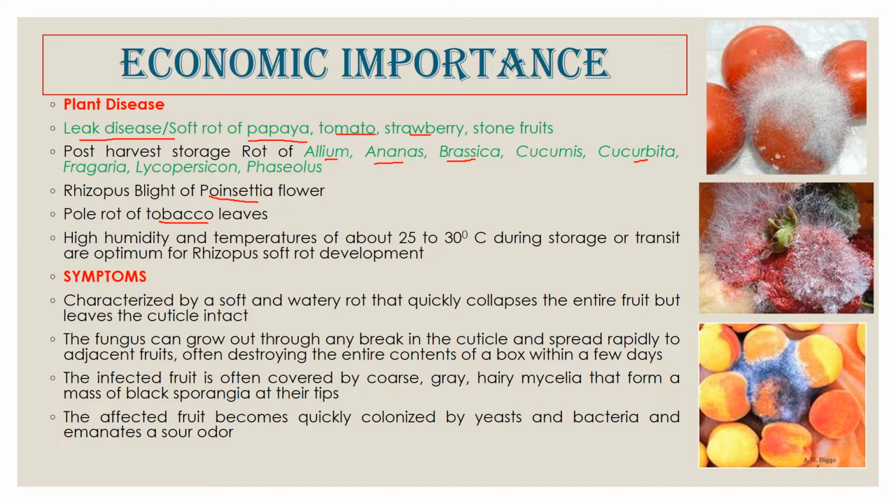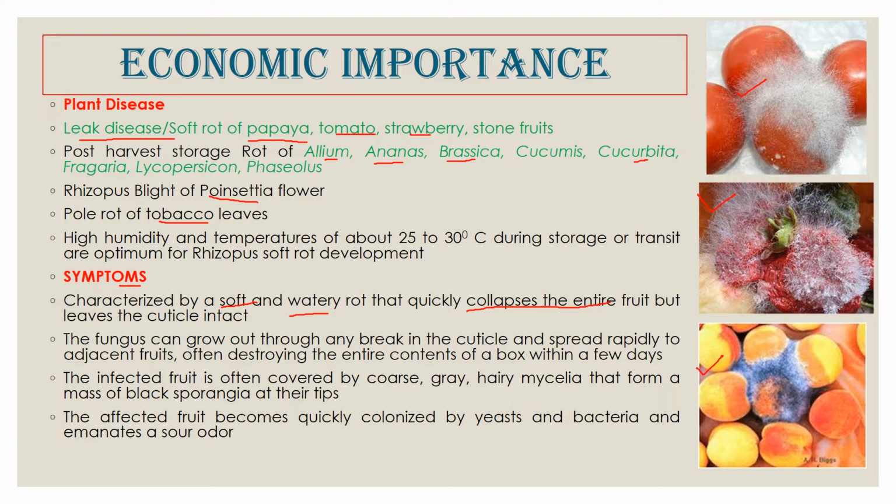The main symptom of this type of disease is soft rot. The rot induced is soft and watery, and the entire mass of the fruit collapses, and just before it collapses, you can see the fruiting body. Here you see in the tomatoes, in the strawberries, in the stone fruits, that just before the collapse of the entire mass, the reproductive structures, the sporangiospores, are found.